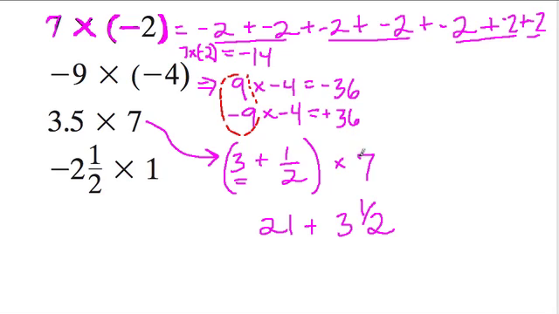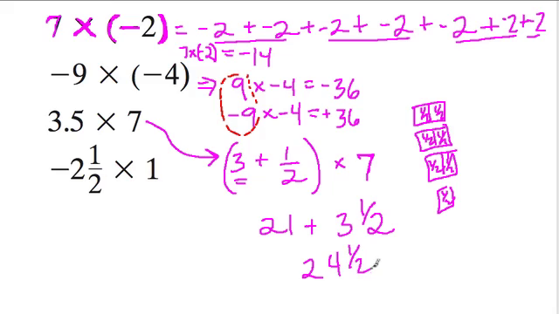Because, again, every 2 halves gives us a whole. Do this 6 times, you get 3 wholes, and then 1 more half left over. That's 7 halves. Add this up, and we get 24 1/2 as an answer, or 24.5.